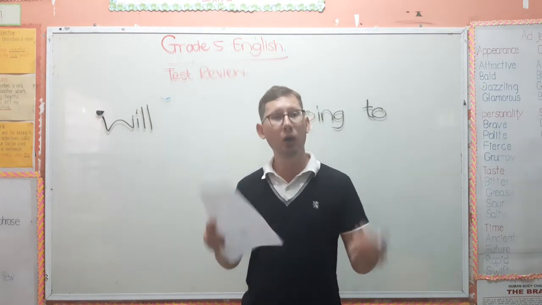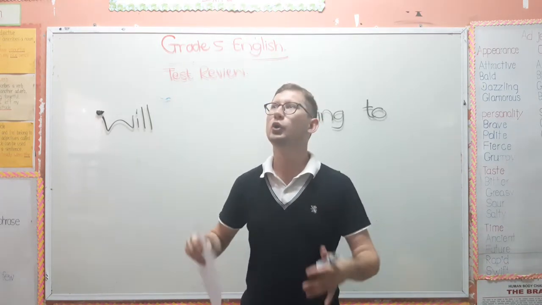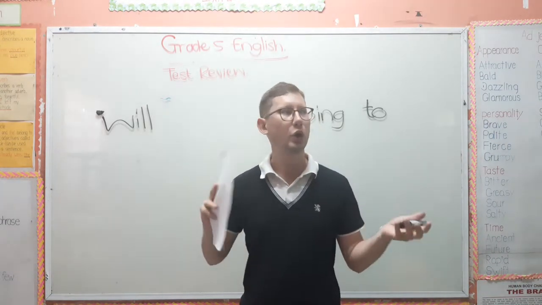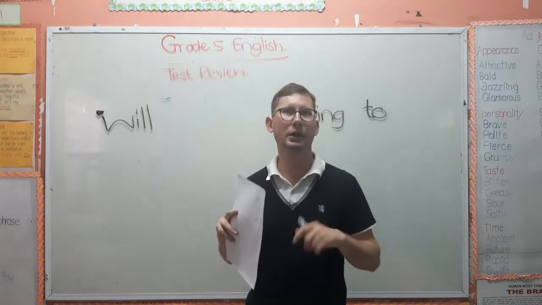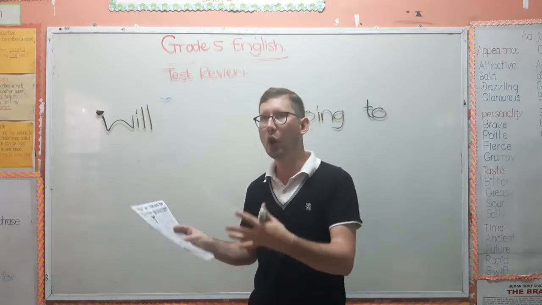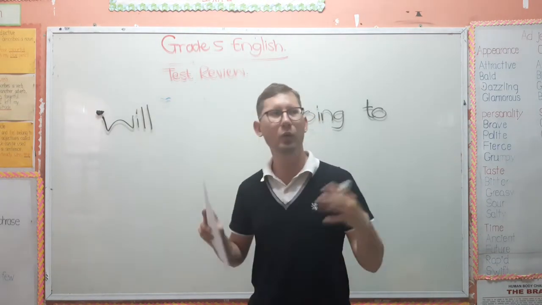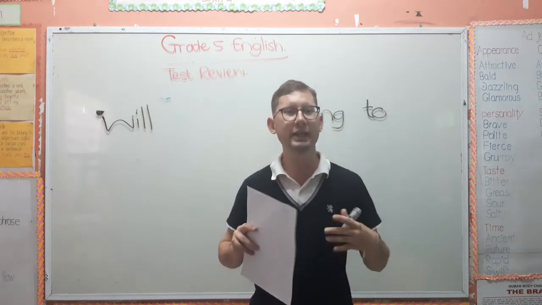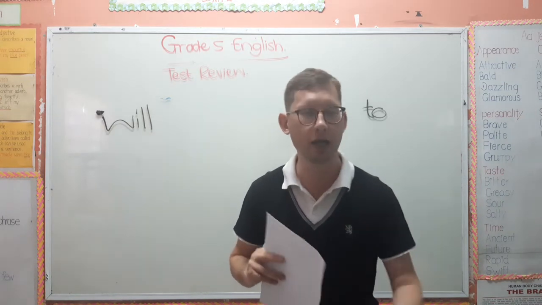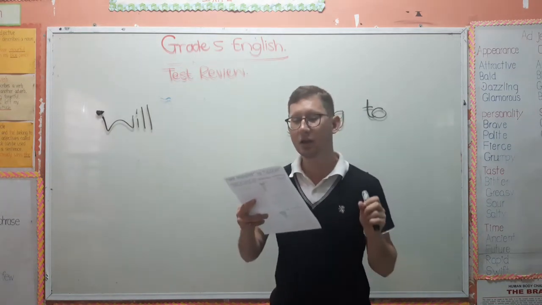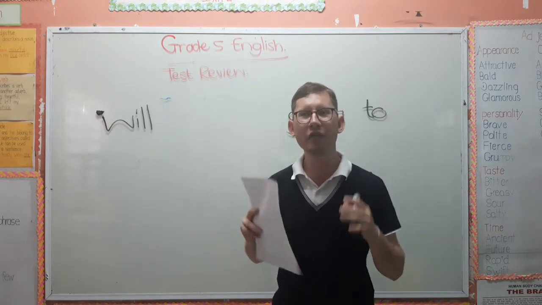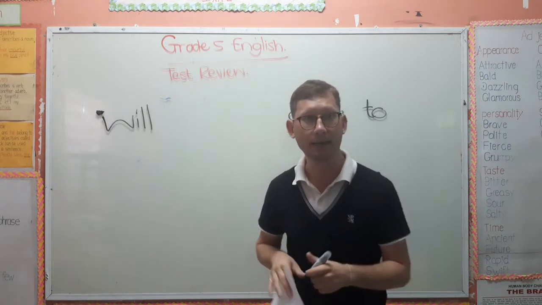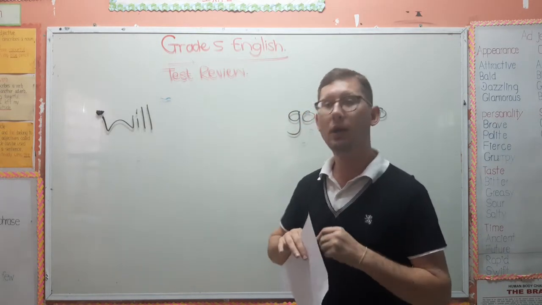We will go to Bangkok. We will go to the supermarket. We will go tomorrow. We will go next week. We will go next year. You see, it's all in the future, but it is not planned. So whenever you say something that you haven't planned, then we use will.